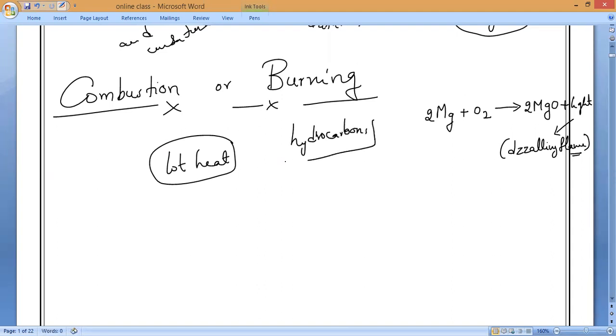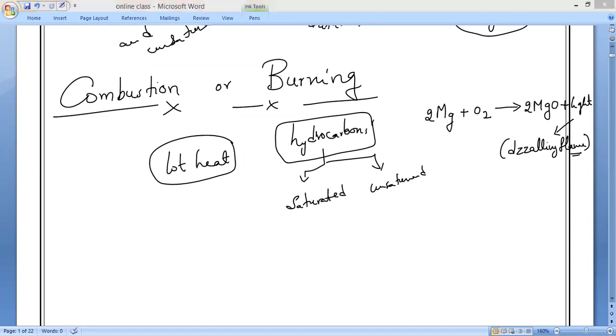That is why we say the combustion reaction occurs in both saturated and unsaturated compounds. Who are the saturated compounds? Alkanes.